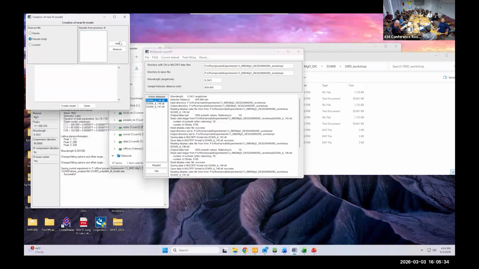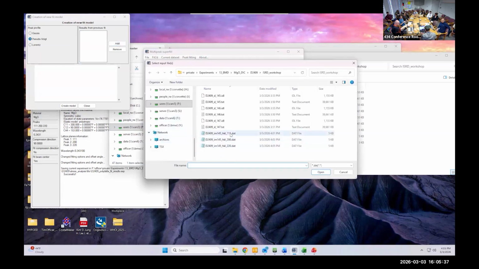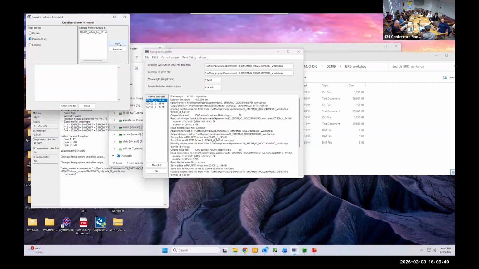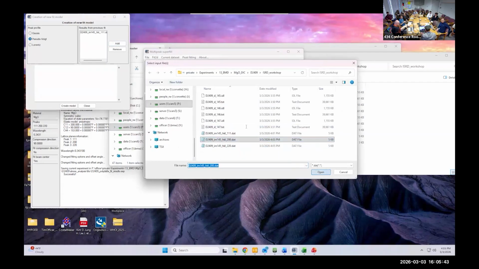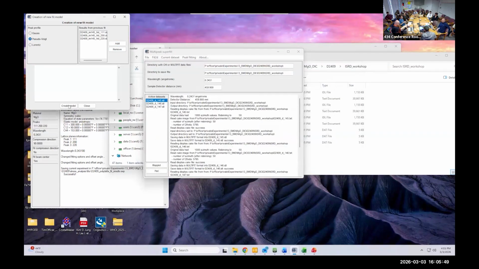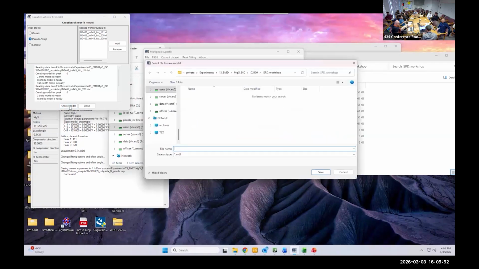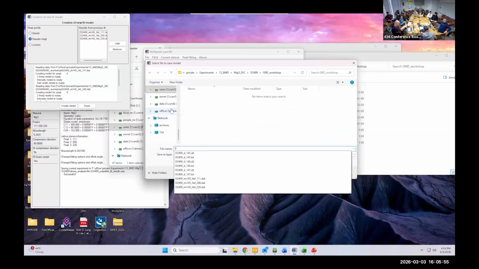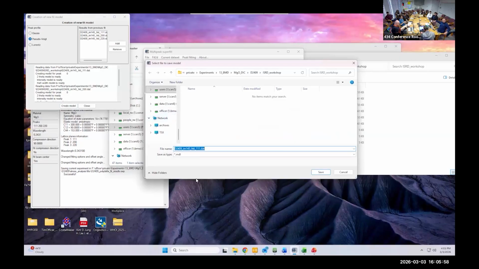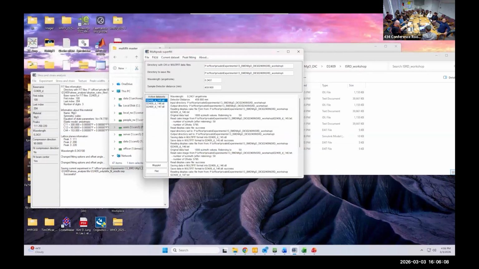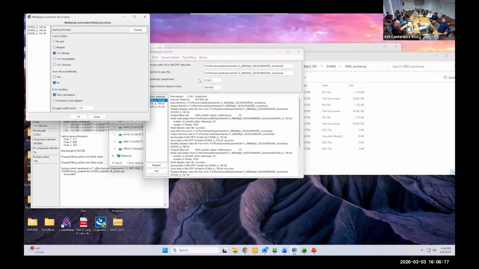We'll use pseudo-Voigt again, and we'll add our 3 peaks, and we'll create our model.